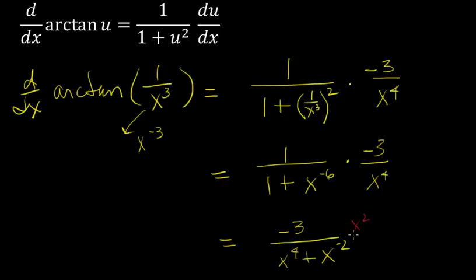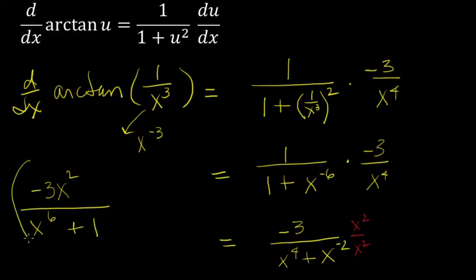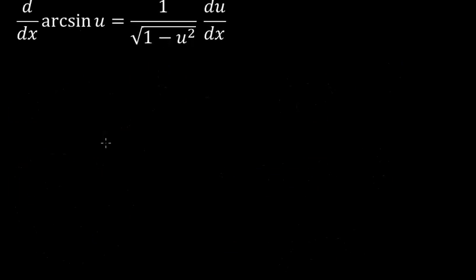I would multiply this by x squared over x squared, which is just 1. I choose x squared so I'll get rid of all negative exponents. And so the answer in its most simplified form would be minus 3x squared over x to the 6th plus 1, x to the minus 2 times x to the 2. So that would be the most simplified way to write the derivative.